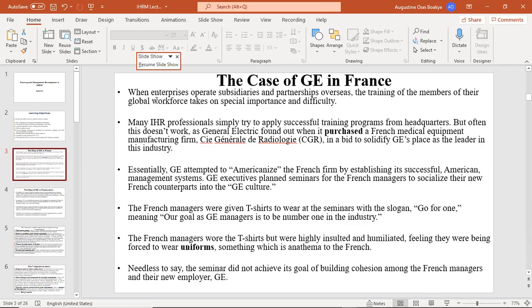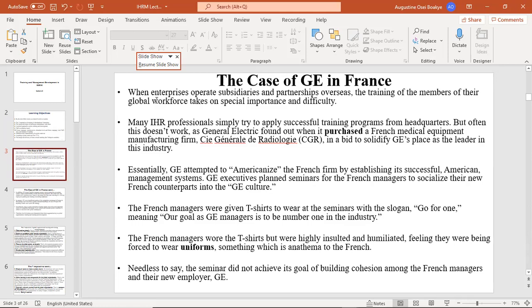So in a bid to train the new managers that were going to handle the French subsidiary, the newly acquired radiology manufacturing firm, they decided to take the French managers through some sort of socialization in order to help them embrace the corporate culture.